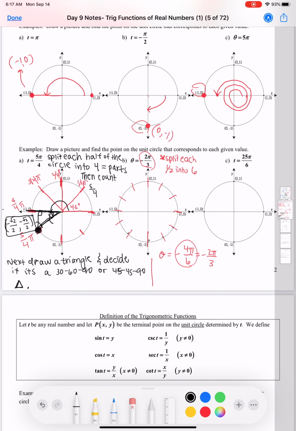Oops, I was going to keep going. Yeah, so 1, 2, 3, 4, and there we go. And I'm going to stop right there.